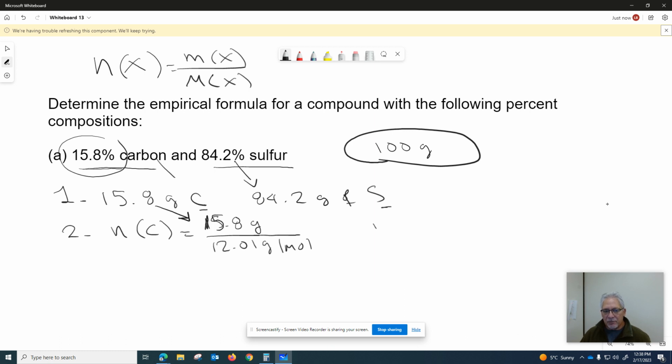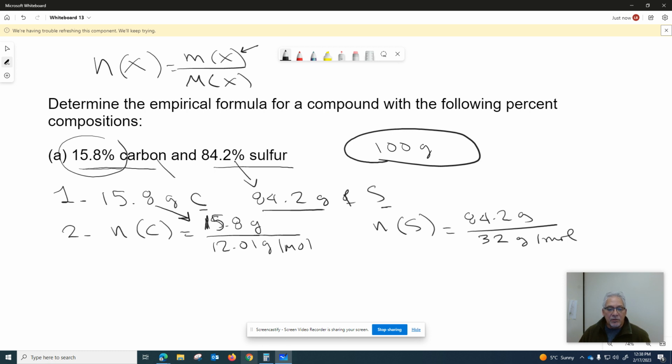And for the sulfur, I will do the same. Sulfur will be the mass of sulfur using the formula that I wrote on top, which is 84.2 grams given 100 grams of the substance over the molar atomic mass of sulfur. On my periodic table, that will be 32 grams per mole.